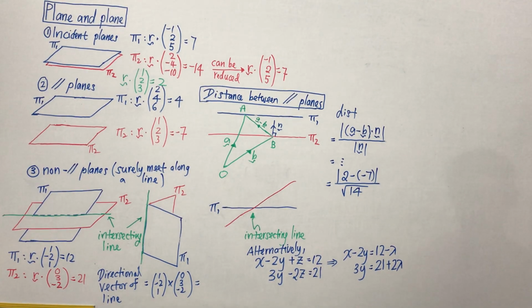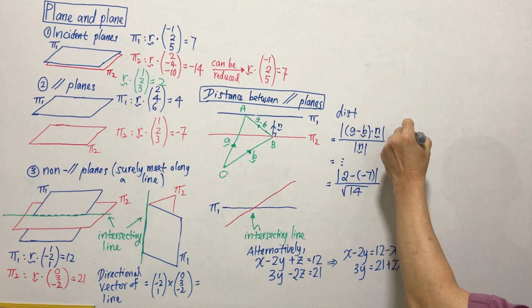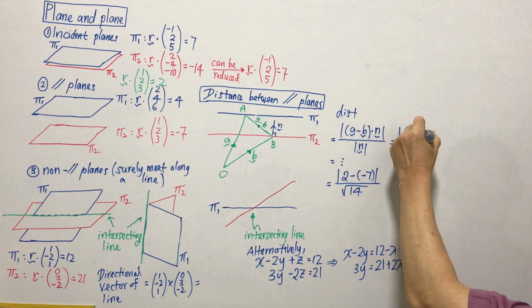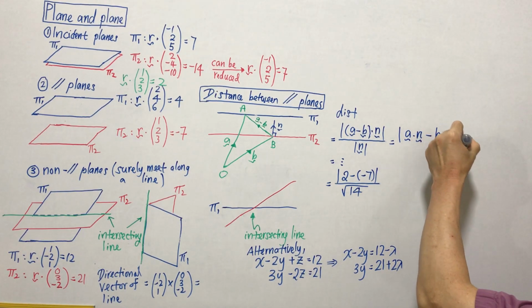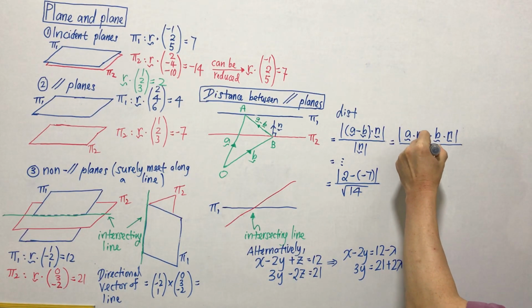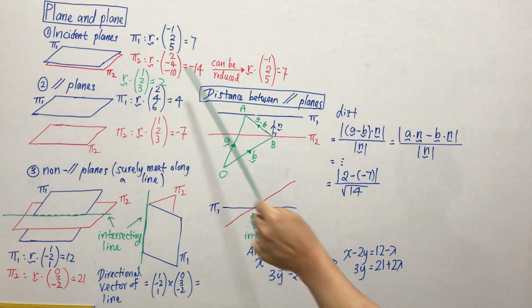from this first line, I can actually expand it as a dot n minus b dot n. If A is a point on the first plane, then A dot n will be equal to 2.